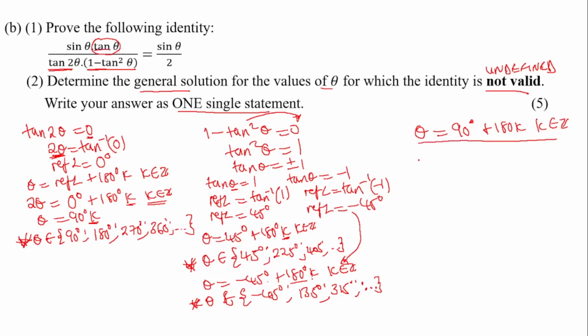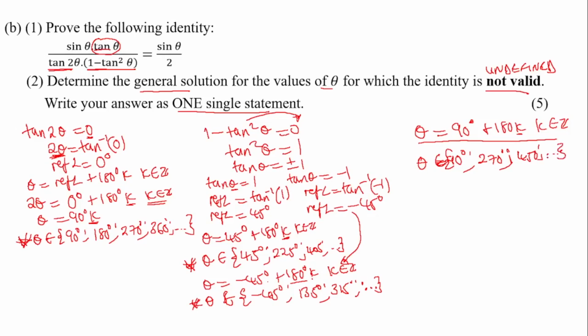And then we can substitute our integers, starting from 0 it's going to be 90 degrees, and then if it's 1 it's going to be 270 degrees, 180 plus 90. If it's 2, 360 plus 90 is going to be 450 degrees. It goes on like that.